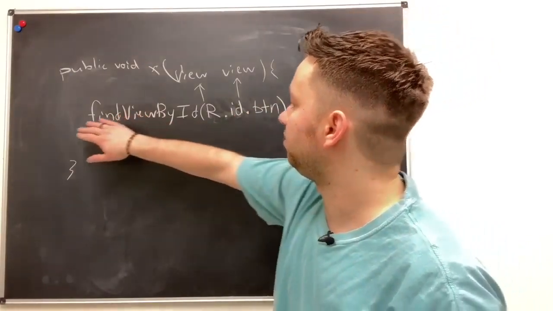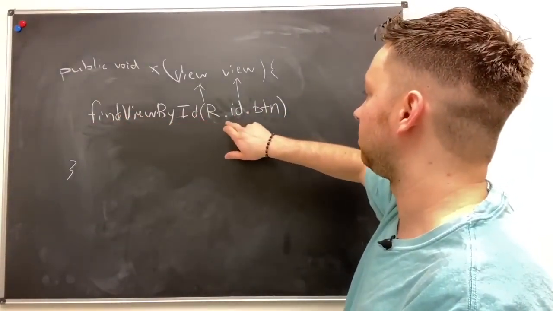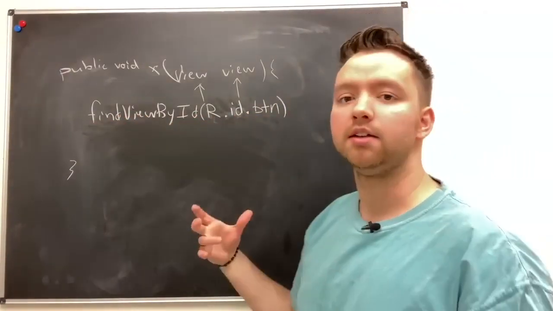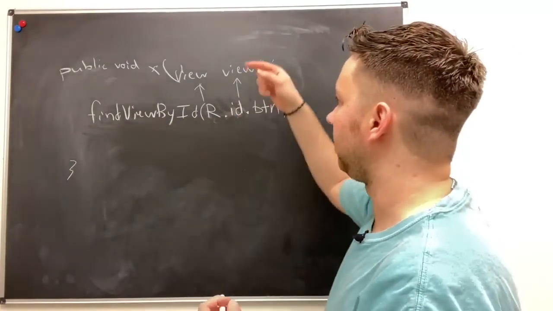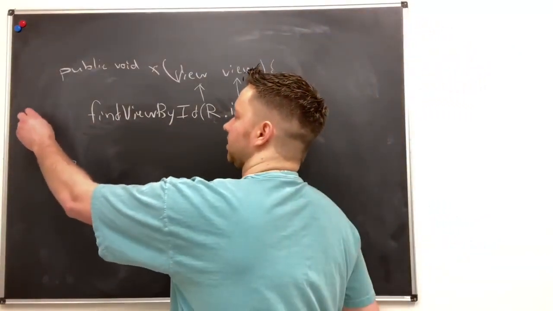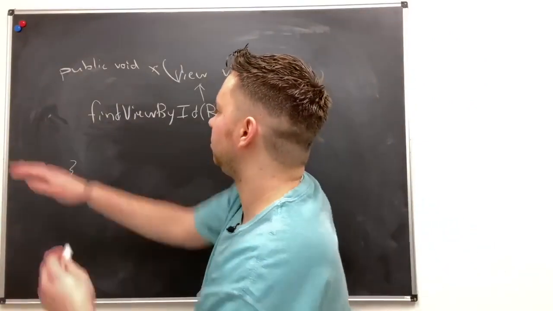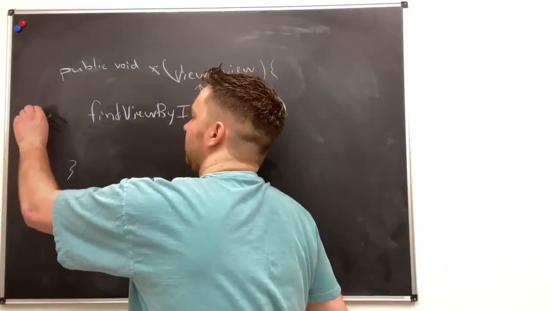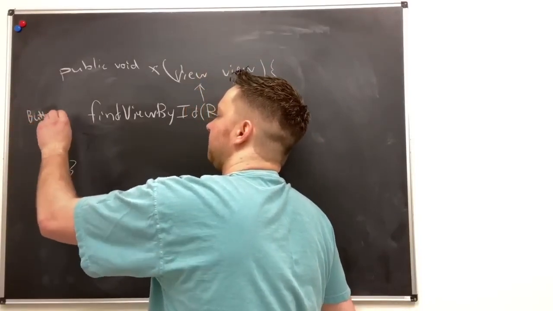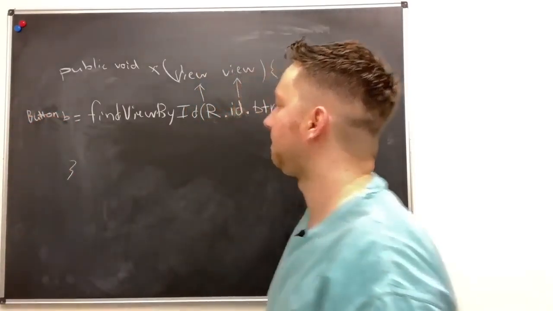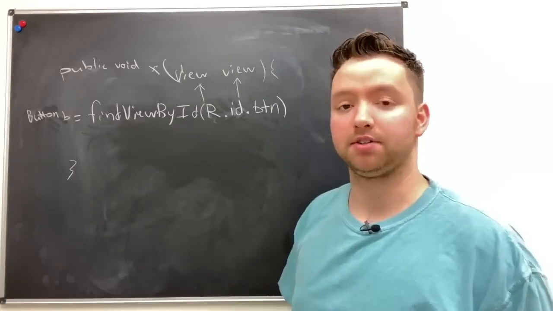Now this whole thing, findViewById passing R.id.btn, is going to return a view object. So we would then assign this back to a view object, or in the case of a button, we could assign it to a button, like so.